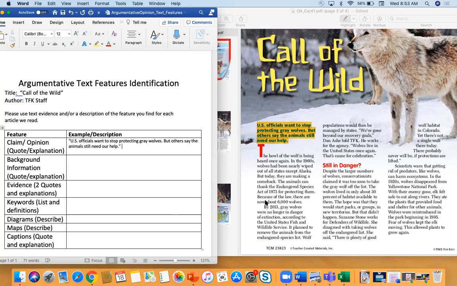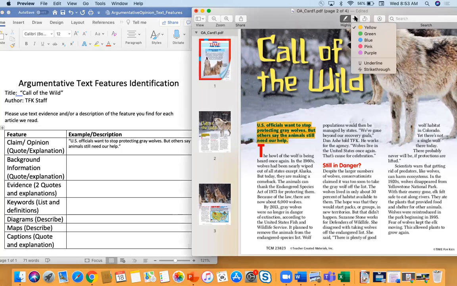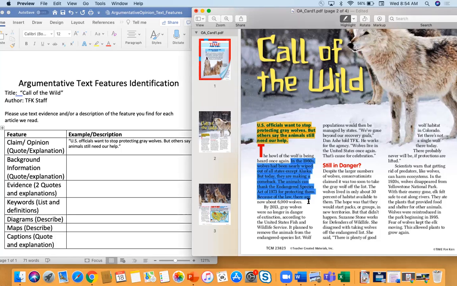Because of the law, there are about 6,000 wolves. So this right here would be considered background history, right? We could use some of that for background history for later. That's a lot of highlighting, but it looks pretty.